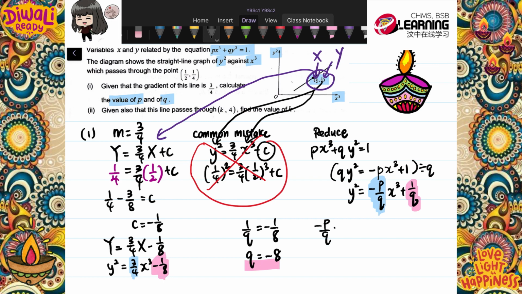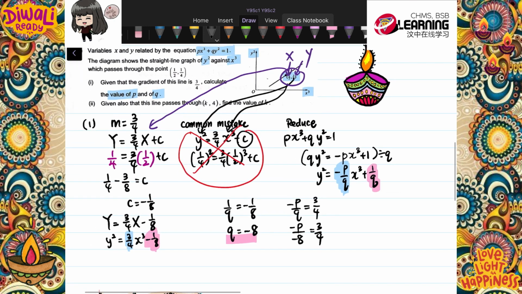Negative p over q equals 3 over 4, and my q is negative 8, so p equals 3 over 4 times 8. So it's 6. That's for my part 1.